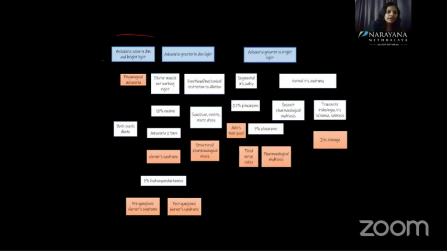First, if you come across an anisocoria, then you check whether it is more in dim light or more in bright light conditions. I already explained that. Say it is more in the dim light condition. This means that there is a problem with the dilator pupillae, or a problem with the sympathetic supply.